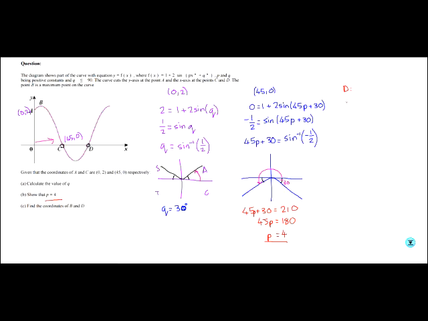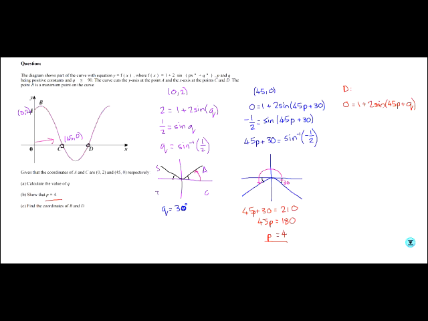So 0 is equal to 1 plus 2 sine 45p plus q. But now we know what p and q are, so let's put those in.